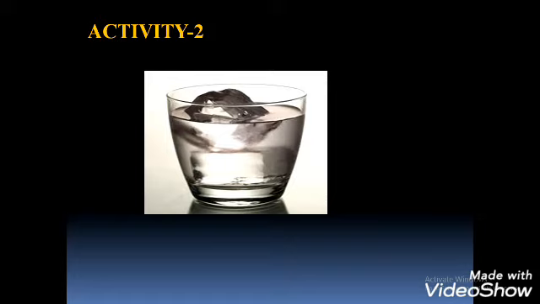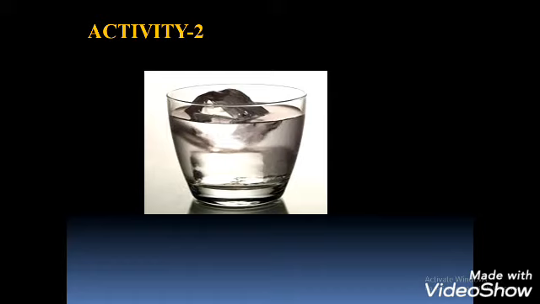Take some ice in a glass or plastic tumbler, then melt a small portion of ice by placing the tumbler in the sun. So you can see that this ice melts into water. From this activity, we can say that the state of the ice changes.